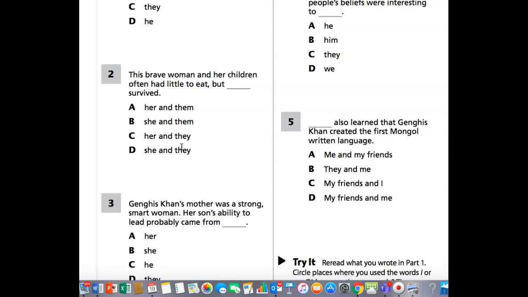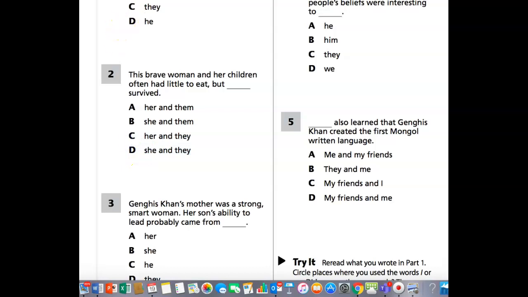This brave woman had little to eat, but would you say her or she survived? She, right. This brave woman had little to eat, but she survived. And then, would you say her children had little to eat, but them survived or they survived? And so it would be D, she and they. This brave woman and her children often had little to eat, but she and they survived.